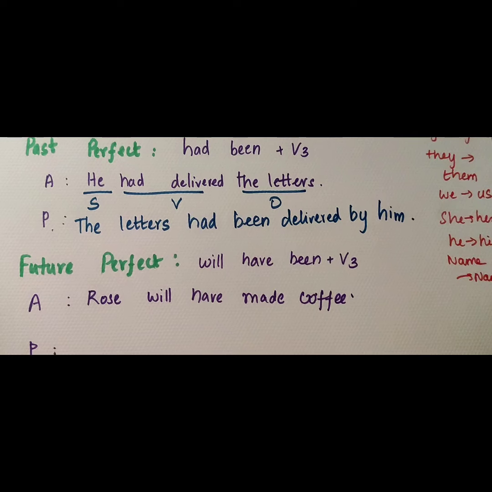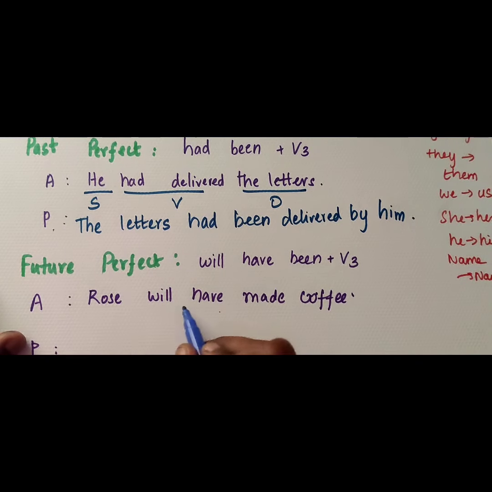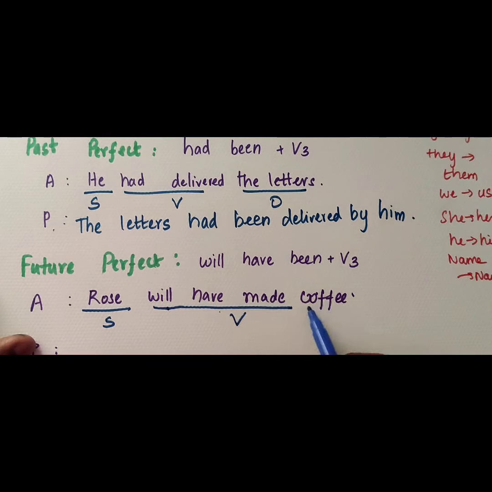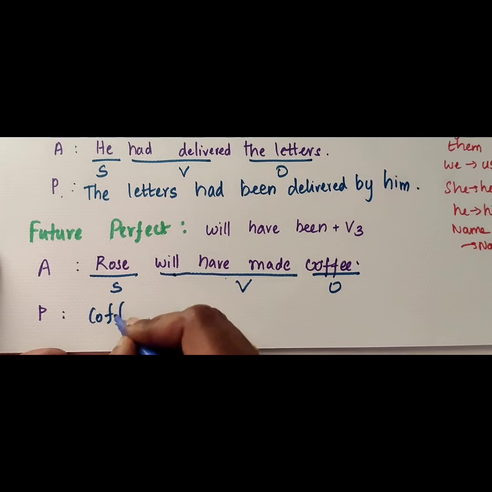Future perfect sentence will be having will have. Change it to will have been. Rose will have made coffee. Subject, verb, object. So the object is coffee, it comes first.